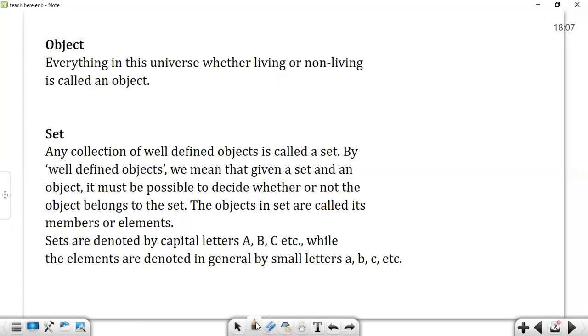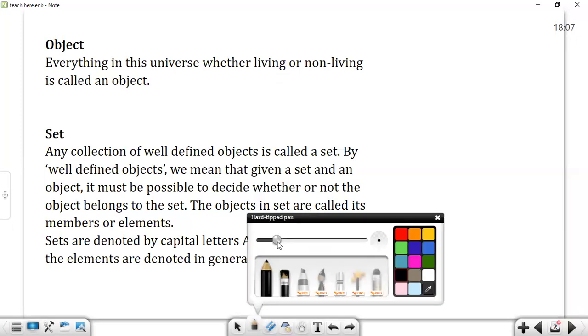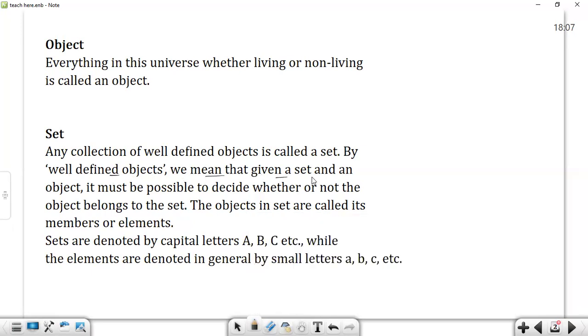By well-defined objects we mean that, given a set and an object, it must be possible to decide whether or not the object belongs to the given set. The objects in a set are also called its members or elements.